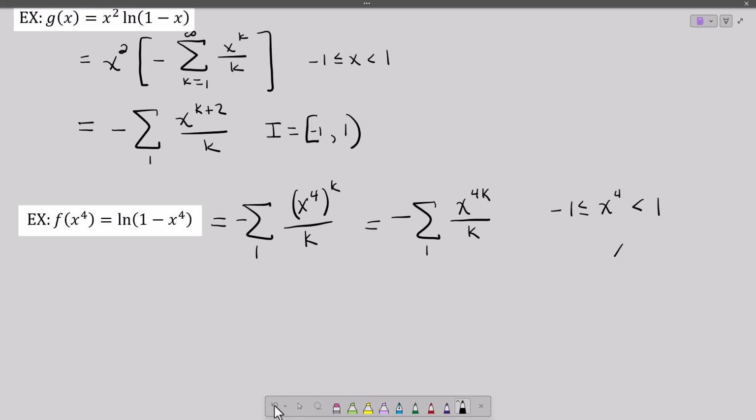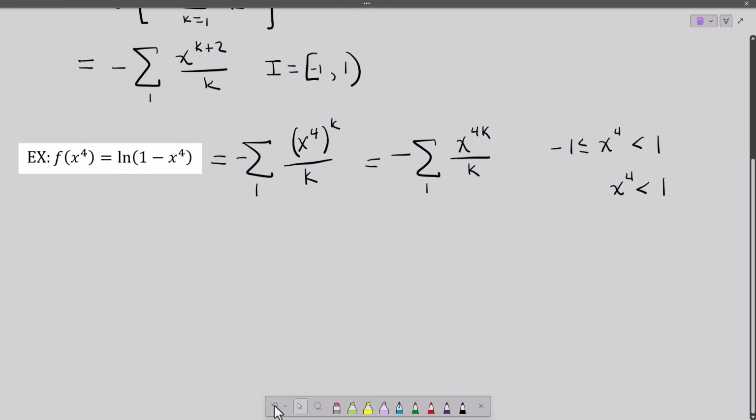So if the left side of the inequality is always true, the only piece we really have to focus on is the right side of the inequality. This inequality here translates to this. Do you agree?